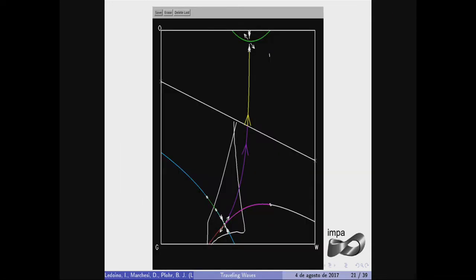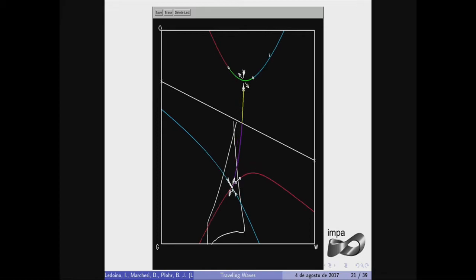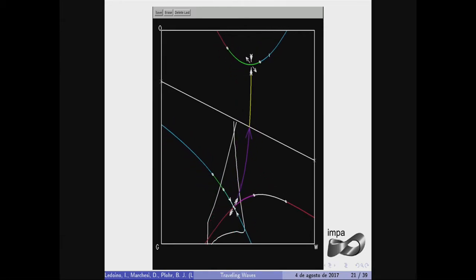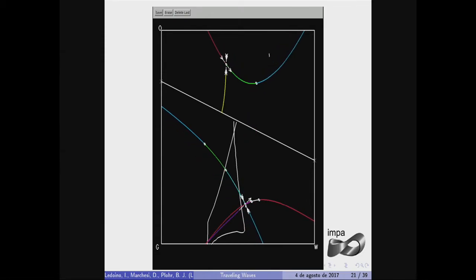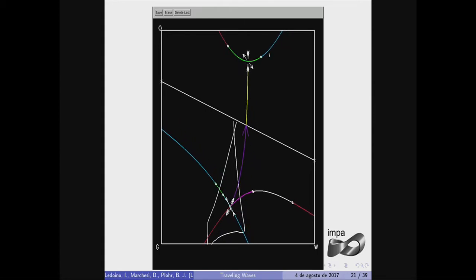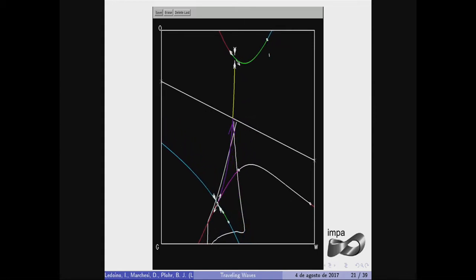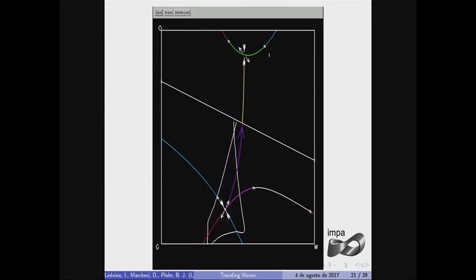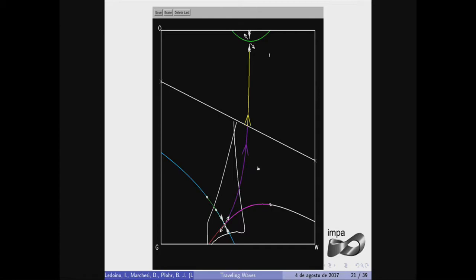Okay, so once you have found saddle-to-saddle connections, you have a region where you can always find more saddle-to-saddle connections. However, if you move too much to the right or too much to the left, you lose the saddle-to-saddle connection. In order to solve Riemann problems, we want to find also this boundary here, the transitional boundary.